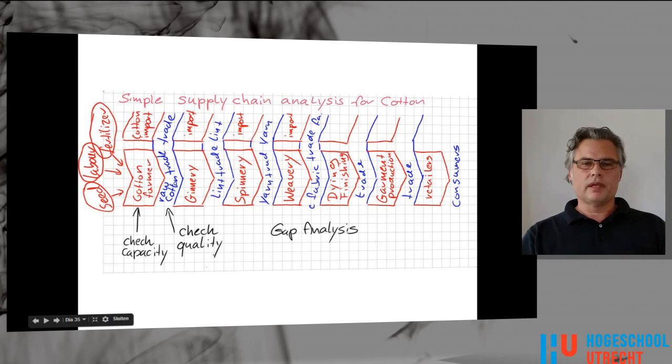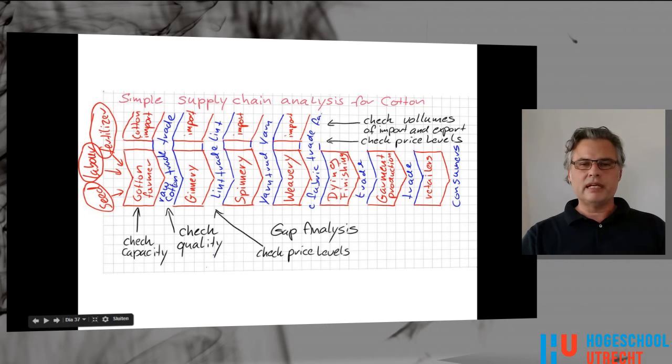Check quality of stocks and ready products. Check volumes of import and export. Also look at trade barriers, taxes and incentives. Check price levels both on local markets and international markets.